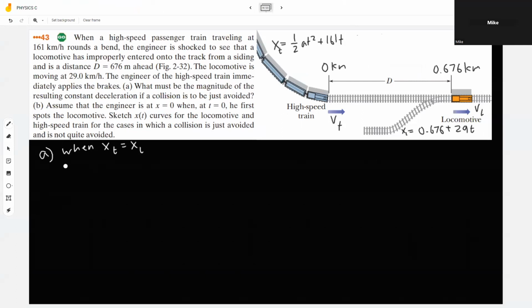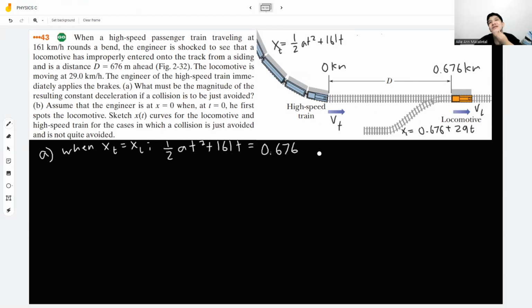Okay. And then what we're looking for is the acceleration of the train such that there will be no solutions in the quadratic. If there is a solution, maybe there's a collision.